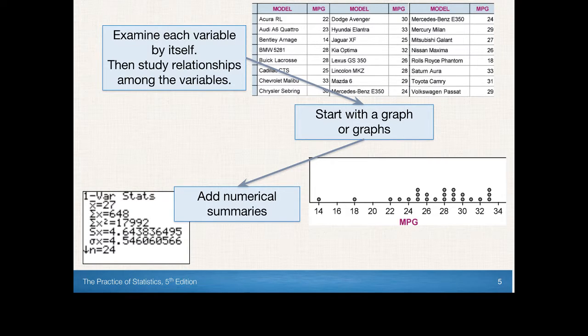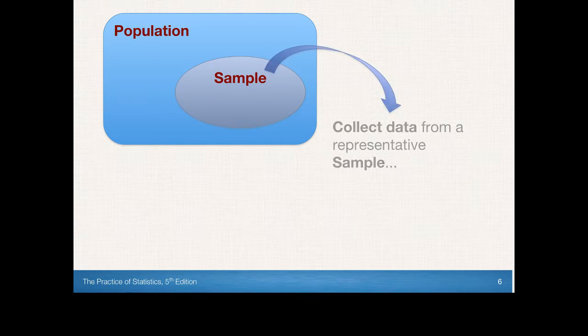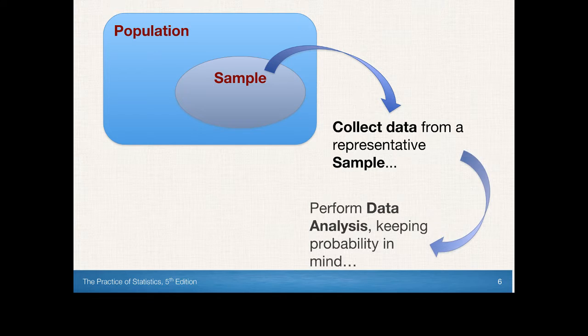Once we have analyzed the data, then we're going to make some inferences. Oftentimes we take samples of the population. Very seldom are you able to take surveys and such from the entire population. So we're going to collect some data from a sample, and we'll learn how to do that later.